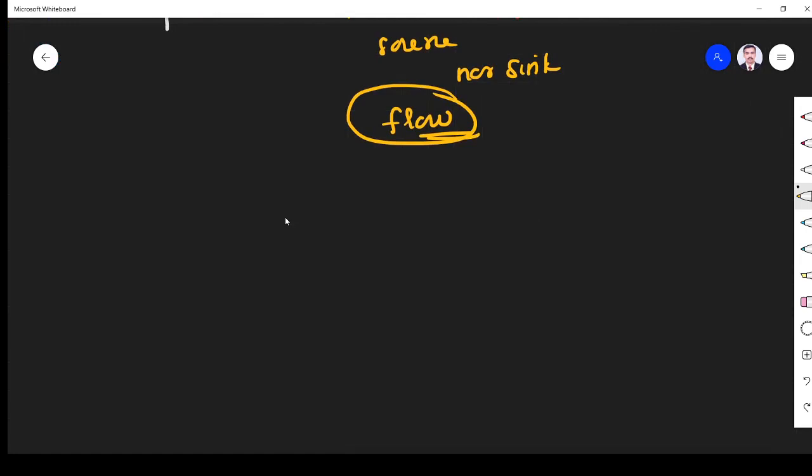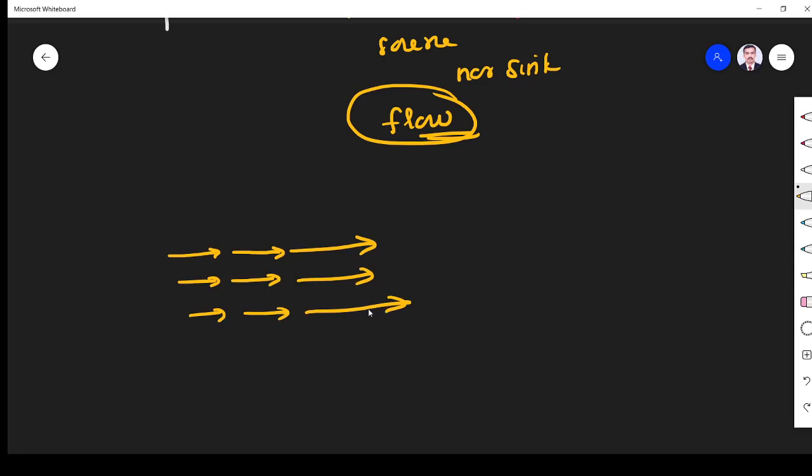So the next thing we have to remember is, in a pictorial form, the vector will be like this, right? So if your vector field is like this, right? So what is this? Here you see the vector is changing.